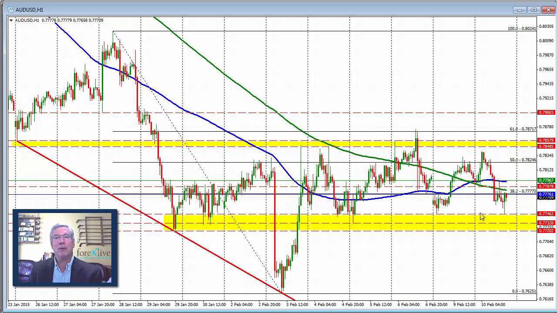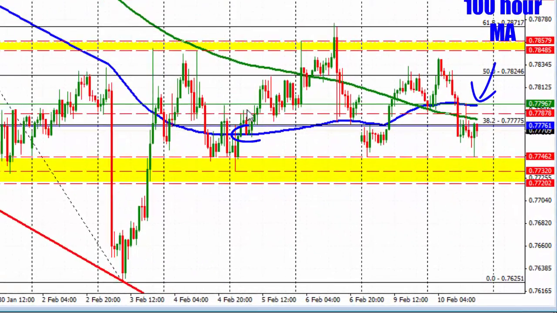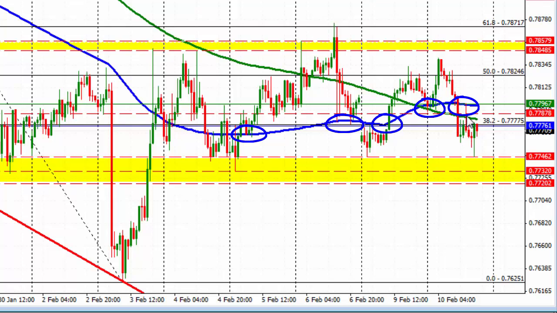Now, I want to bring up another level, which is in between those two extremes, and that level is against the 100-hour moving average. That's the blue line in this chart. If we go back to this point where we moved above that 100-hour moving average, we found support, we found support, we found support, and on Monday we fell below that support and then spent 8, 10, 12 hours or so below that 100-hour moving average, finding support down here, but then broke above it, and what was once resistance became support again until today, when the market fell below, and then we've used the 100-hour moving average as resistance.